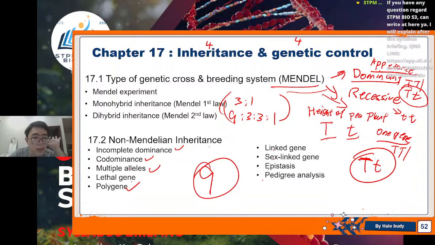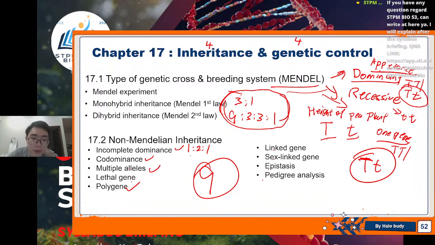So you have to learn all of these, and also the ratios. Don't get confused, be alert between the ratios of Mendel and non-Mendelian. You have to know. Like in incomplete dominance, the ratio is 1 to 1.